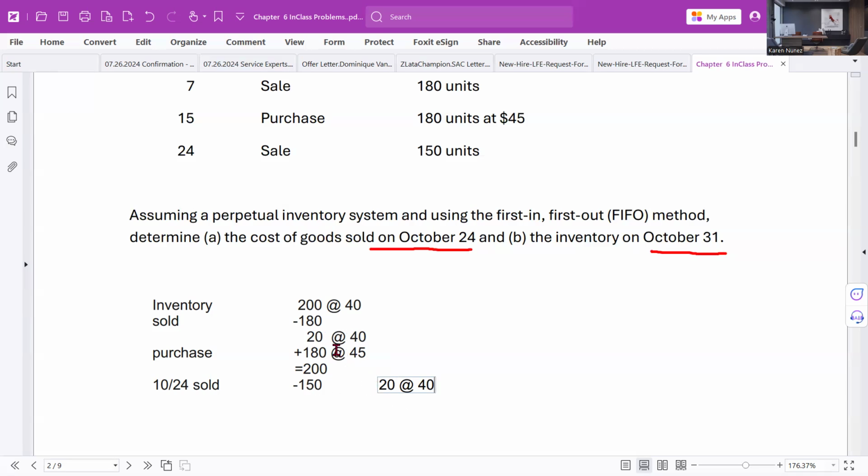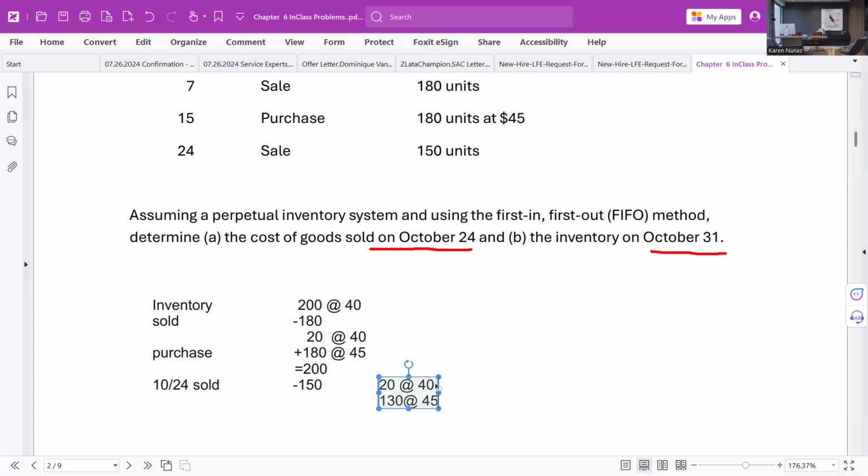If we assume 20 come from this first layer, first in, first out, then we also have 130, and the 130 is at the 45. So that's what we sold: 20 at 40 and 130 at 45.